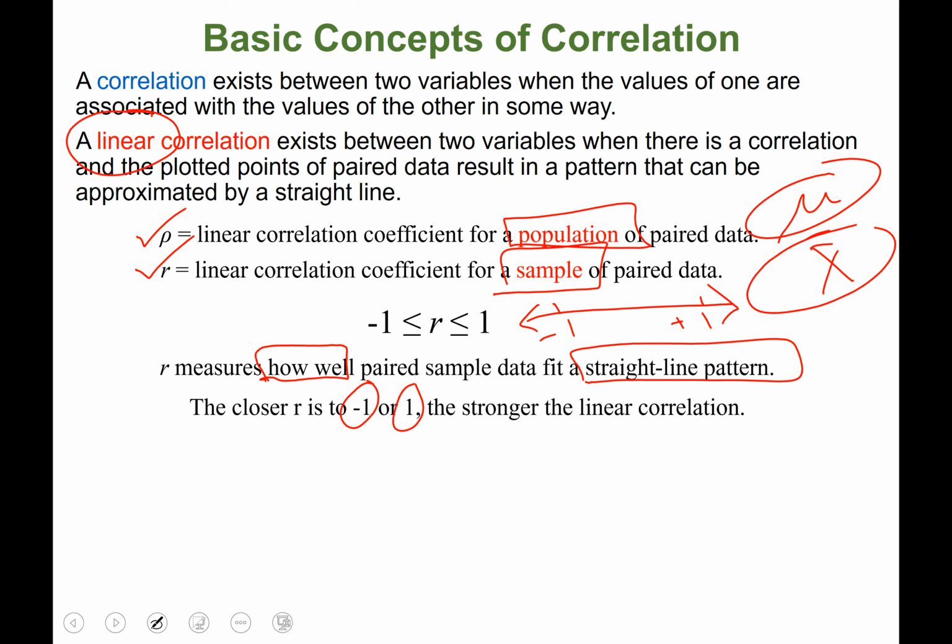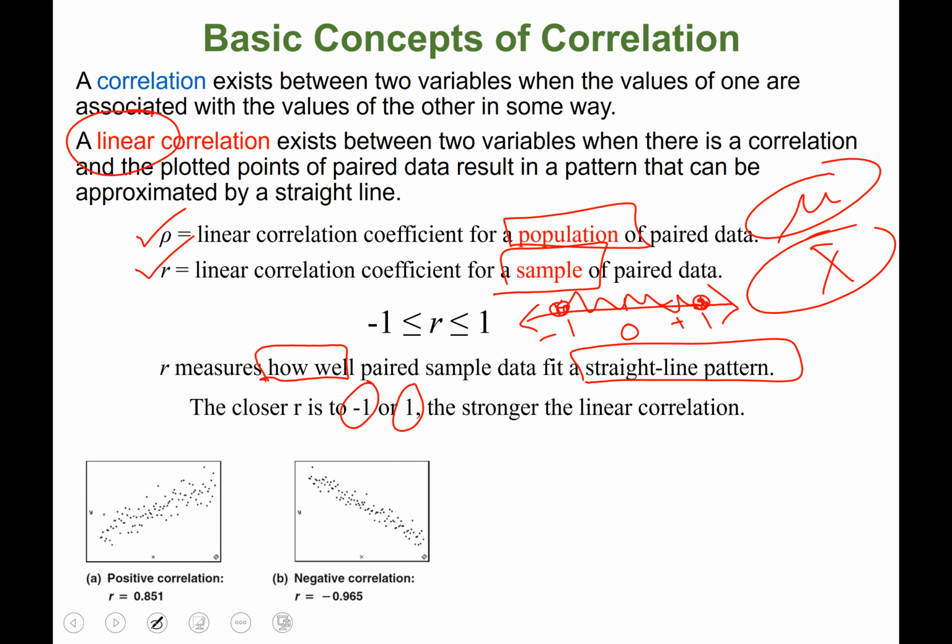Lowercase r is somewhere between there, so it can be -1 or anywhere between. And the closer it is to either the +1 or the -1, the stronger the correlation. Just want to point out, 0 is right in the middle. So if your r equals 0, that would be the weakest linear correlation, because 0 is the furthest away from +1 and -1 in that shaded region. We'll talk about that more if that's not sinking in quite yet.